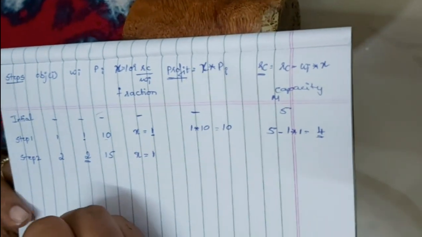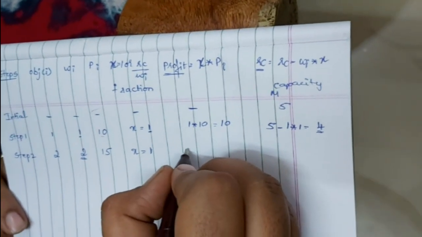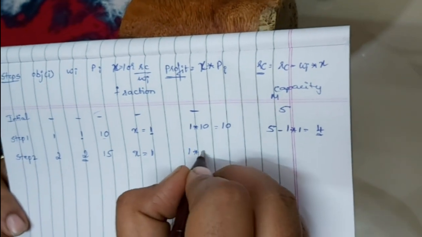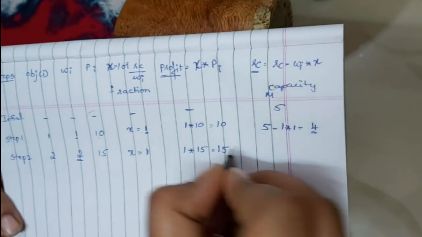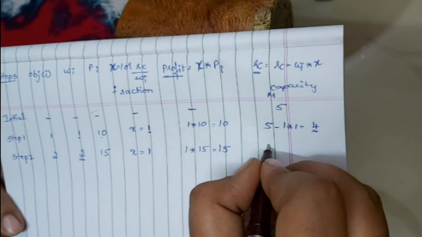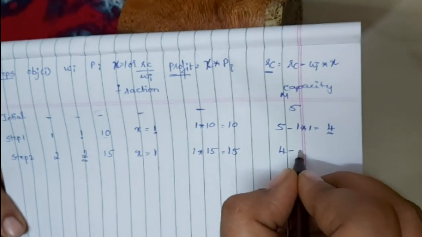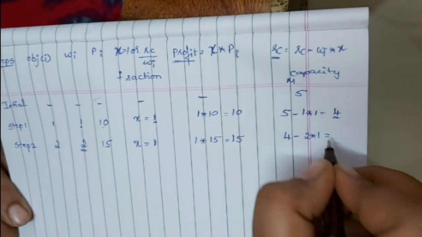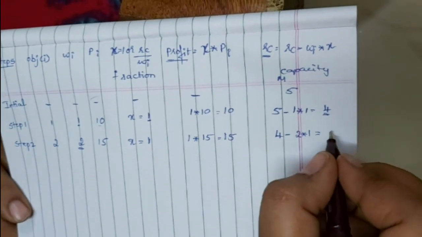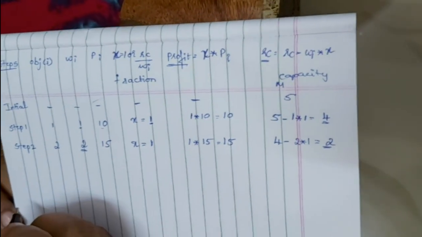So x will be equal to 1. So profit will be 1 into 15, the answer is 15, and remaining capacity will be 4 minus weight 2 into 1. So this gives you the answer as 2. So remaining capacity is 2.